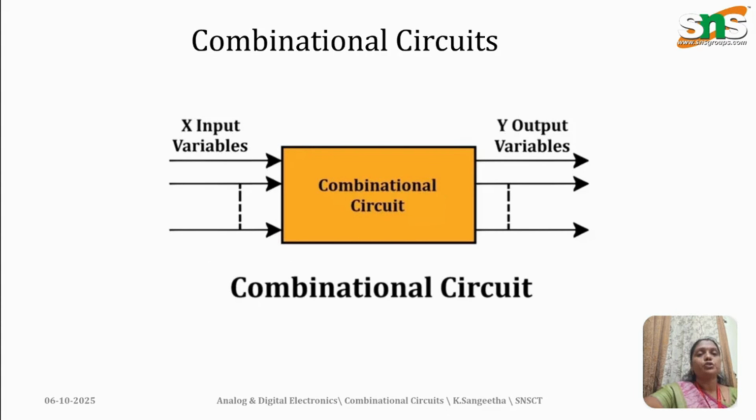So first we should know what a combinational circuit is. A combinational circuit is a digital circuit which accepts inputs and delivers outputs. The output depends on the present input of the circuit. It does not require any memory.